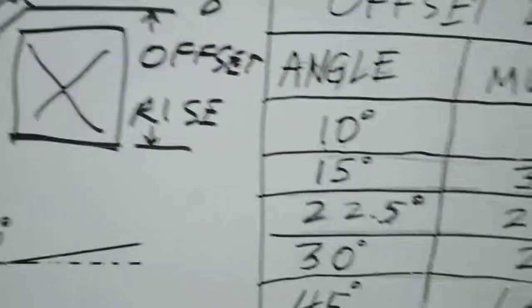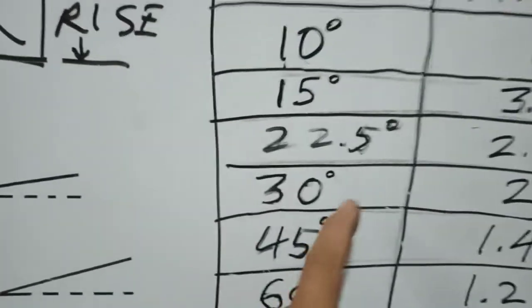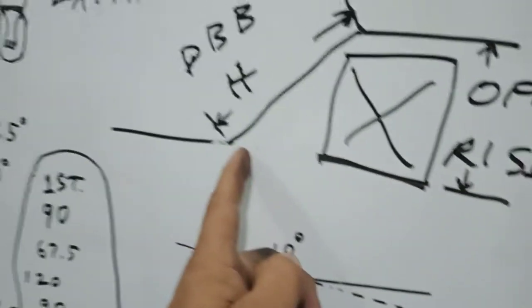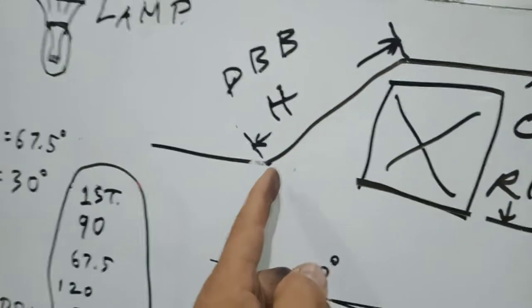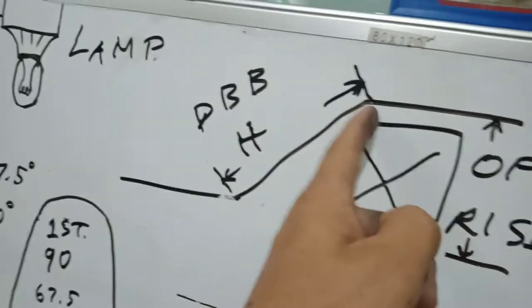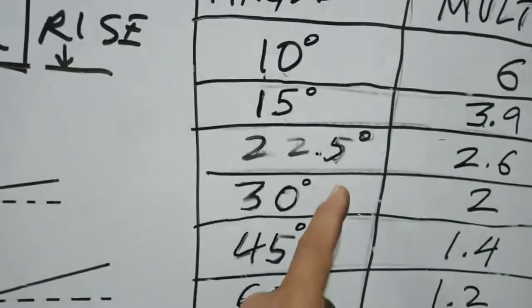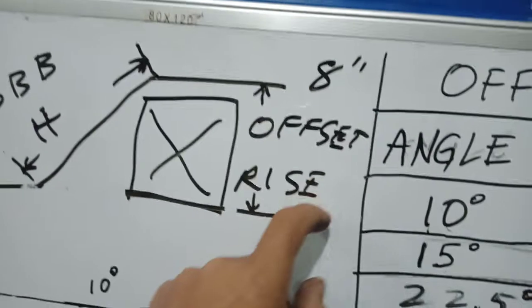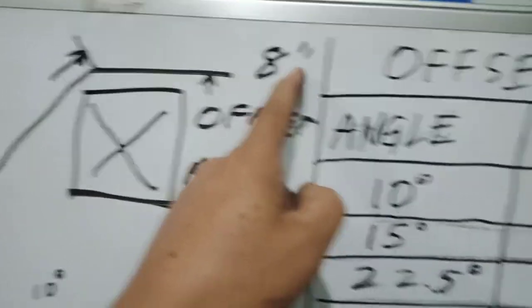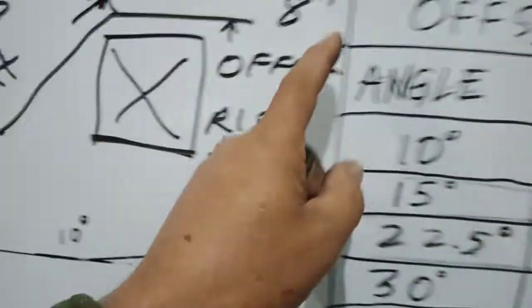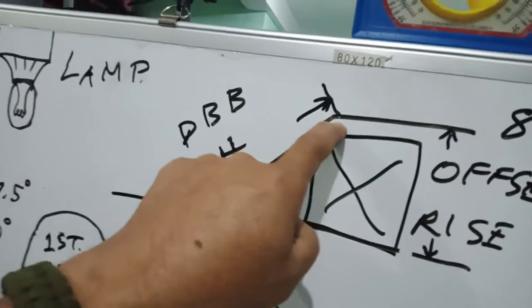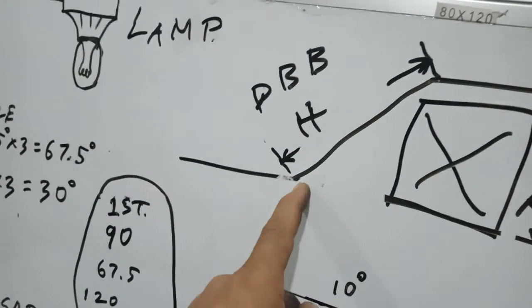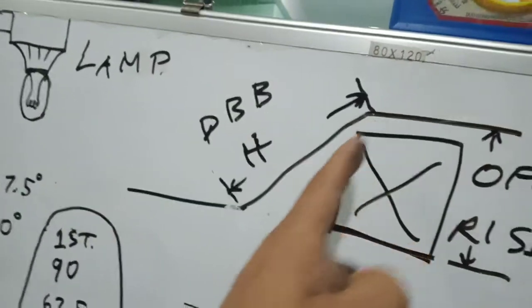Then, let's say we are going to utilize 30 degrees for the offset bends from the lower point to the upper point. 30 degrees, the multiplier is 2. If the offset rise is 8 inches, 8 times 2 is 16. From this point to this point, there will be only 16 inches.